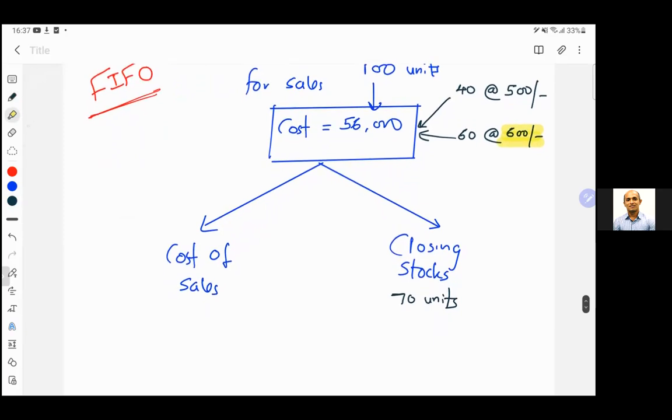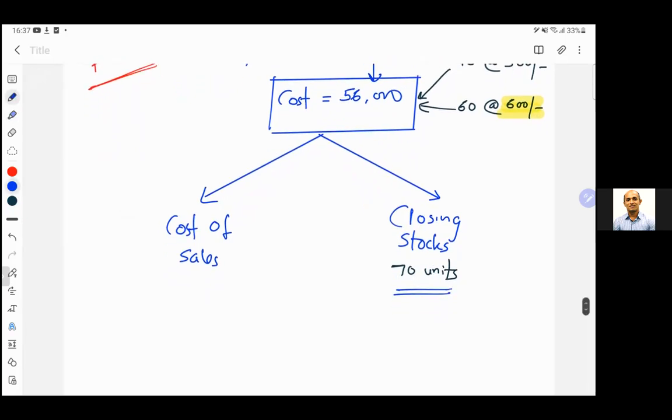Then closing stock value: out of 70, you can value 60 units at 600, that is 36,000.